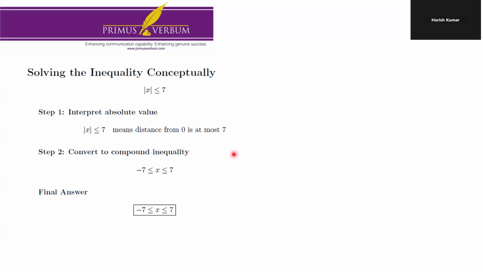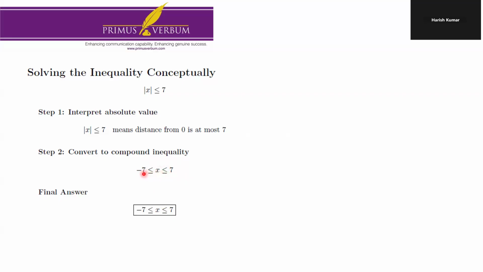That is, it can be 7 units from 0 or less than 7 units from 0. If we say absolute value of x is equal to 7, it means x is exactly 7 units from 0. But here it says less than or equal to. So the value of x is going to range from -7 to +7 on the number line, including -7 and +7.